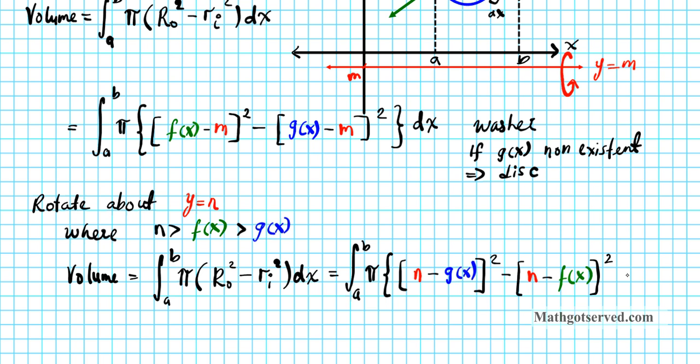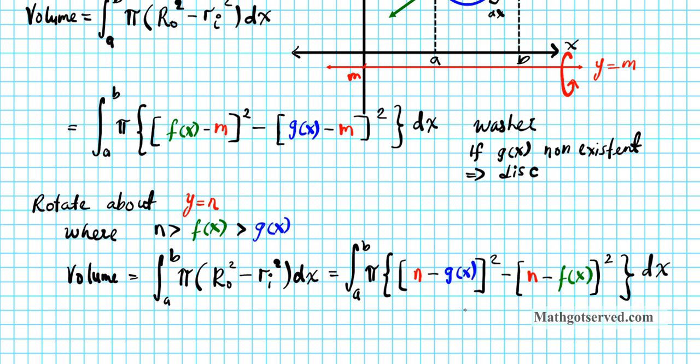Just remember, all we're doing is the basic area of a circle, pi r squared. But our r is a little more complicated here; it's determined by computing the difference of functions. So this integral is the expression for the volume of a region rotated about a line that's above both functions.